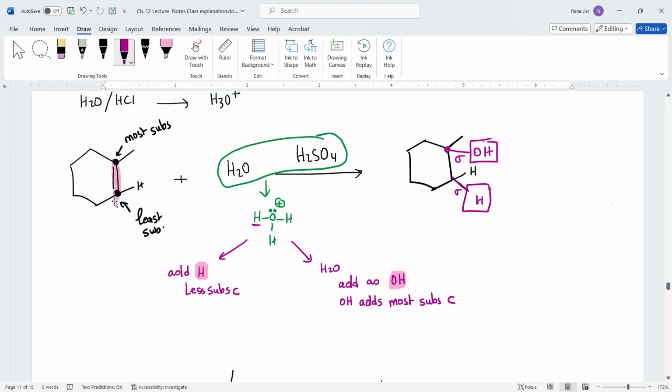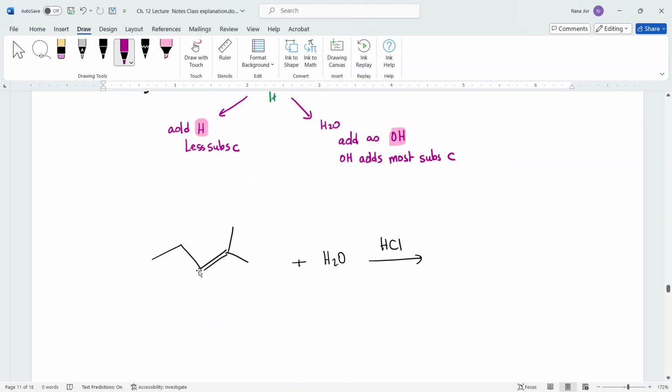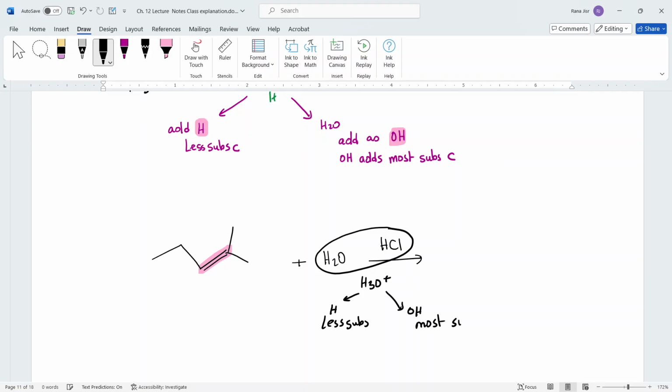Okay, whether the double bond is in a cycle or in a chain, it really doesn't matter. Just highlight these two; they are going to form H3O plus, and H3O plus will add hydrogen to the less substituted carbon and will add the OH to the most substituted.